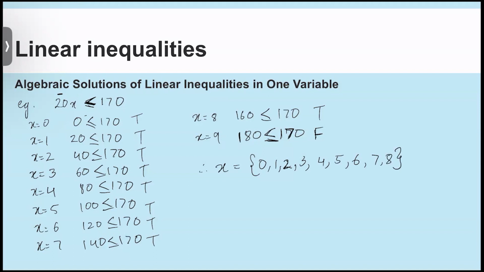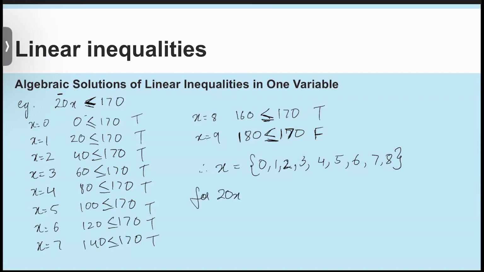Okay, so no matter that we have included the equal to sign, if we change it for 20x less than 170, the solution set remains the same: 0, 1, 2, 3, 4, 5, 6, 7, 8. It will still remain the same.